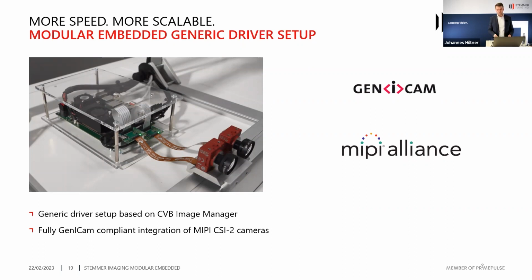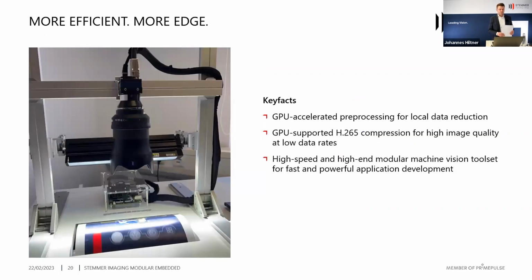And third and last but not least, there's this pretty neat showcase which we did a couple of months ago. This is a line scan application connecting a high-speed line scan camera via GigE Vision to our modular embedded board. So there's a pretty high-speed image acquisition happening there.